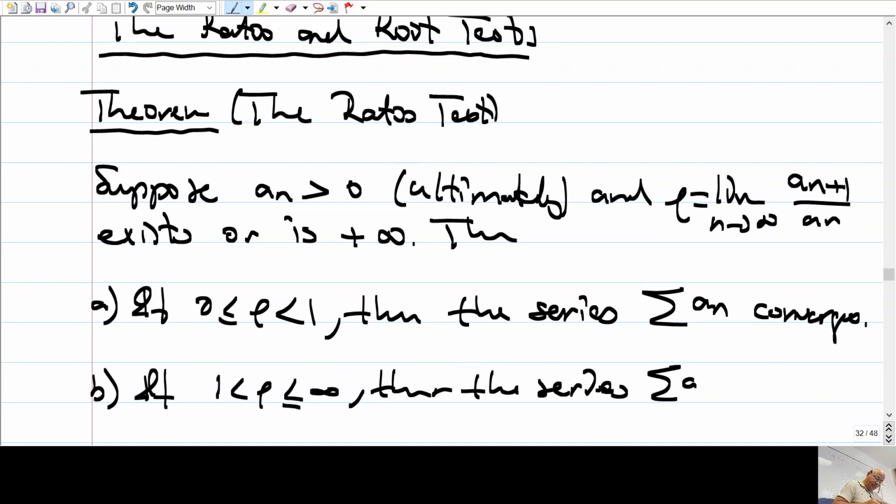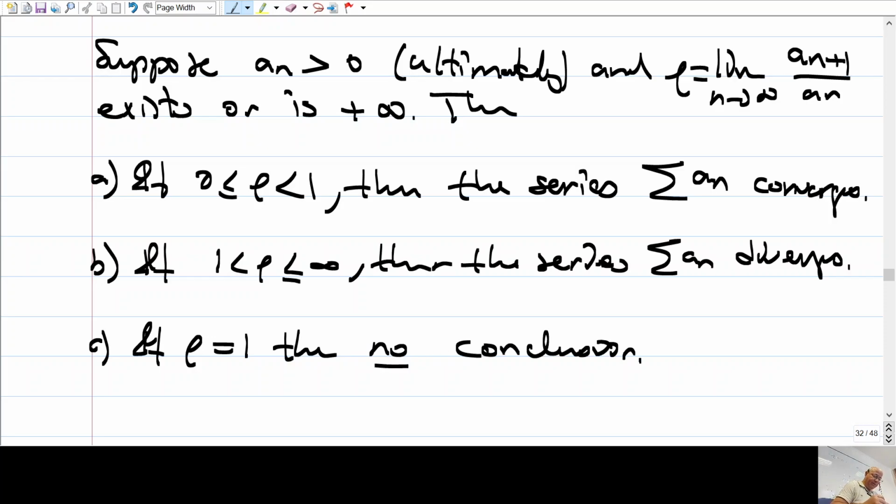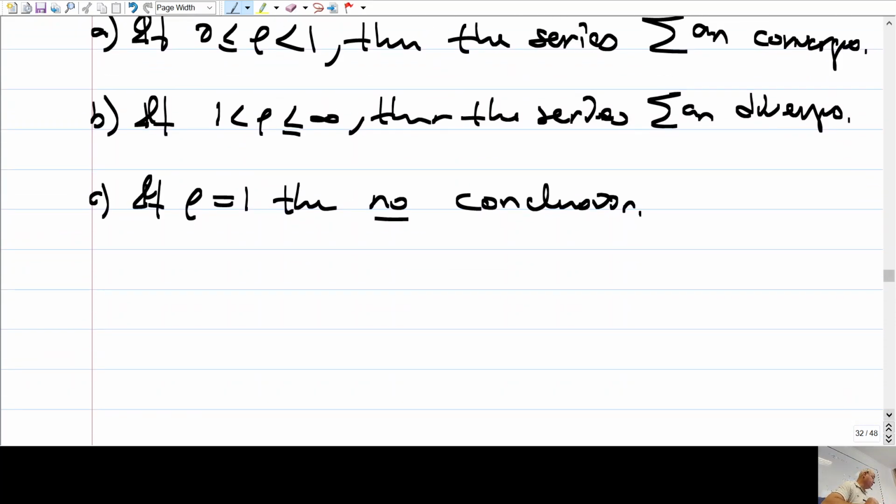And finally, if rho equals 1, then no conclusion. Meaning that the series could be convergent or divergent. Okay, the test just doesn't tell whether it is convergent or divergent.